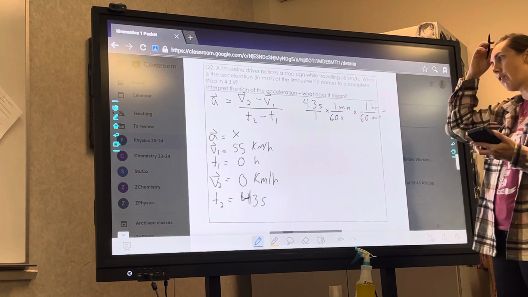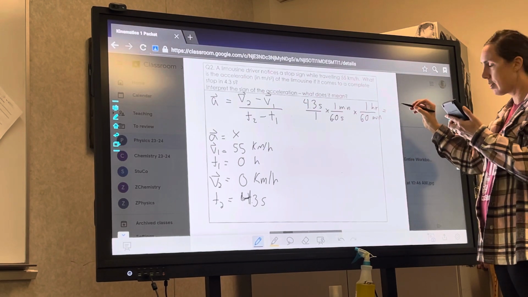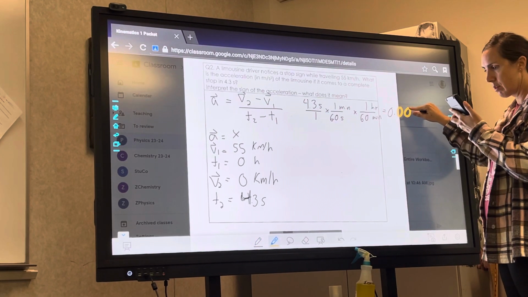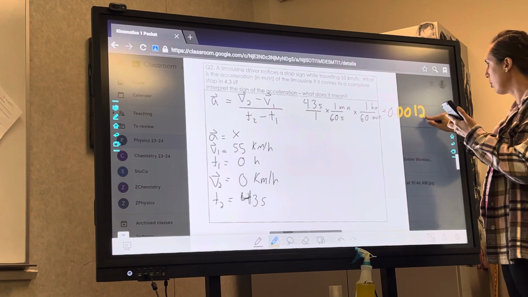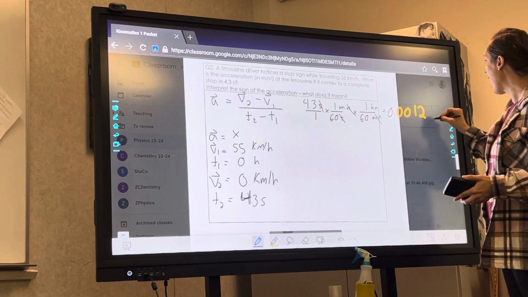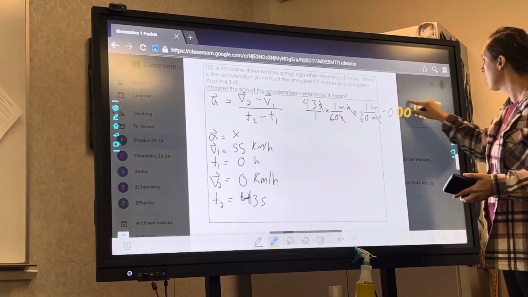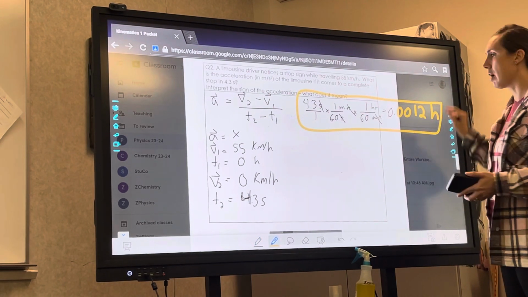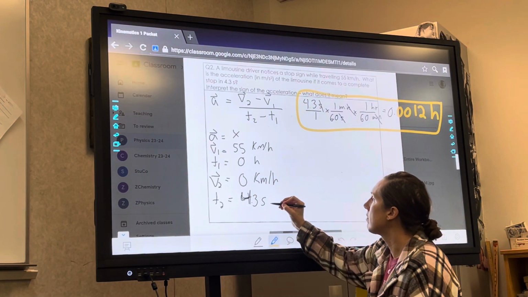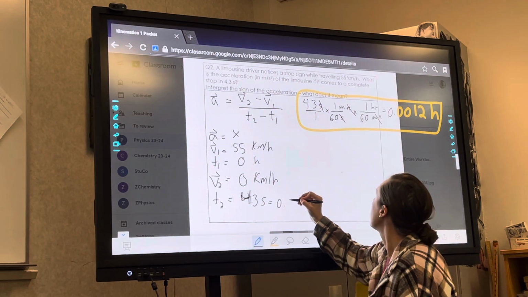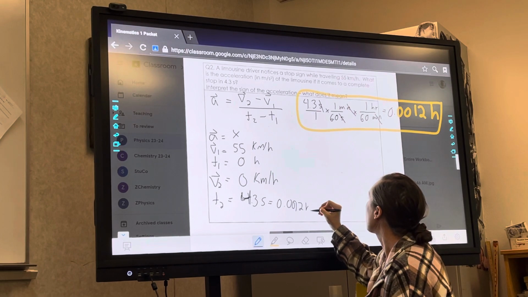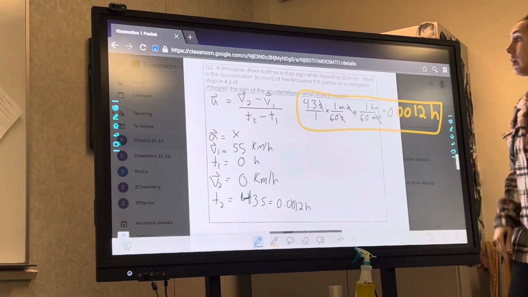The number that we're going to use is 0.0012. We're out of seconds, out of minutes, and we're just left with hours. So I'm going to box that up. Instead of 4.3 seconds, 0.0012 hours.